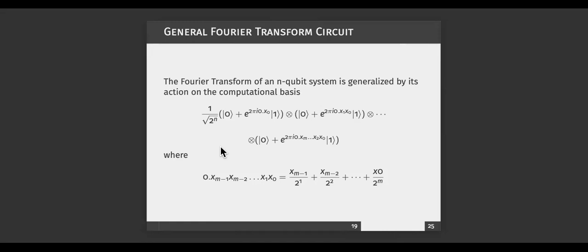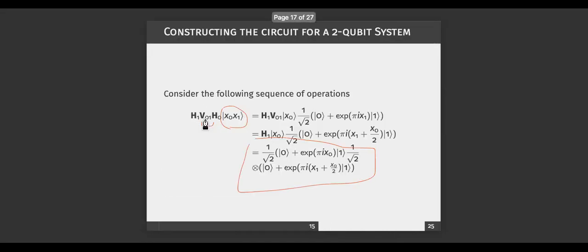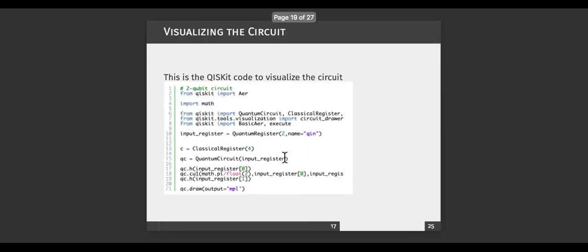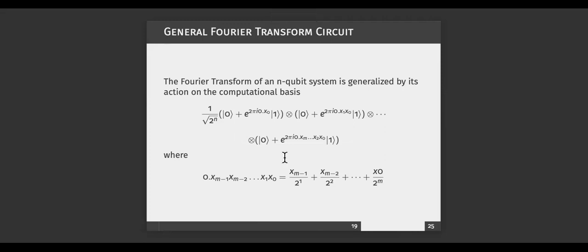How does it look like? This is the generalization of what we got here. This one is for a 2-qubit system. This one is for an n-qubit system.